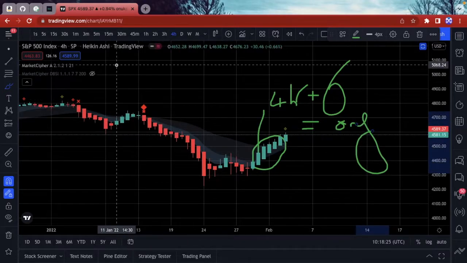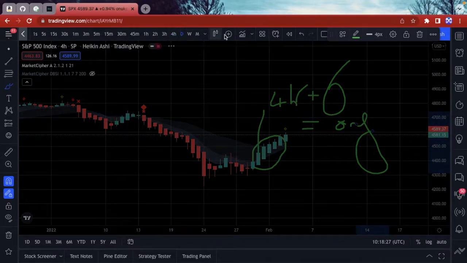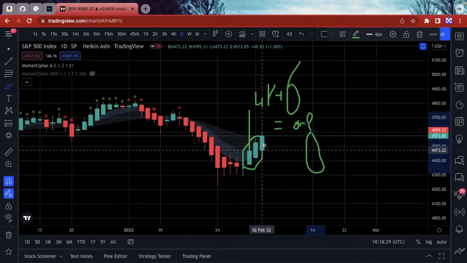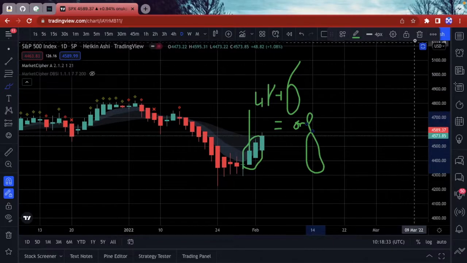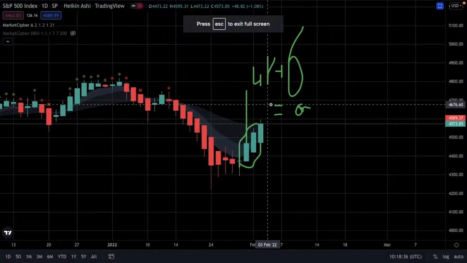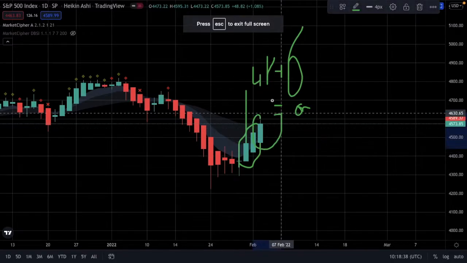Or else I can move to my daily time frame, and all I need is one candlestick to form a full day. So there's a big difference between my 4 hour and my daily candlestick.